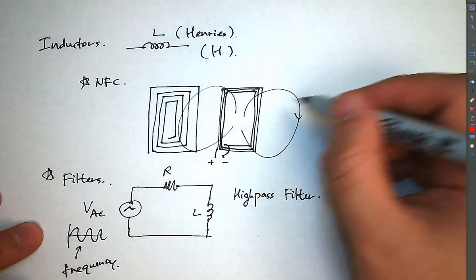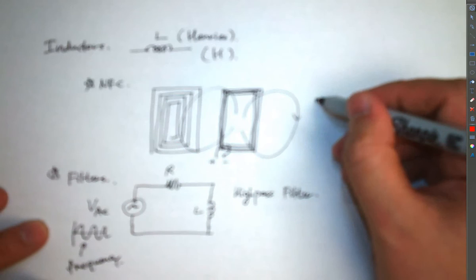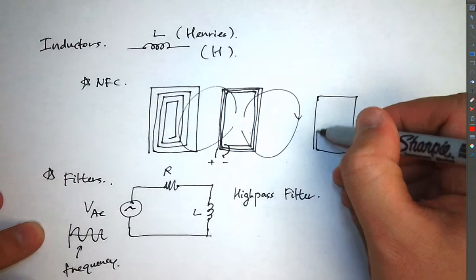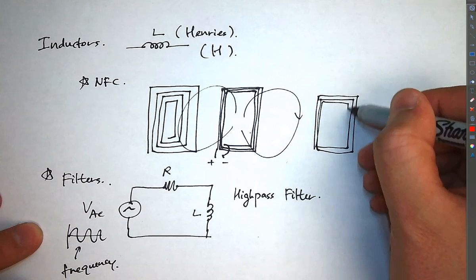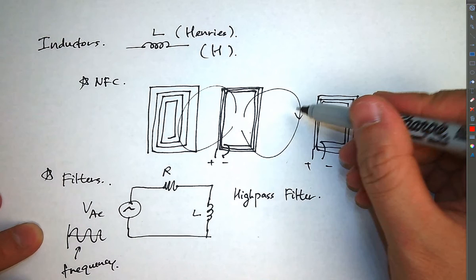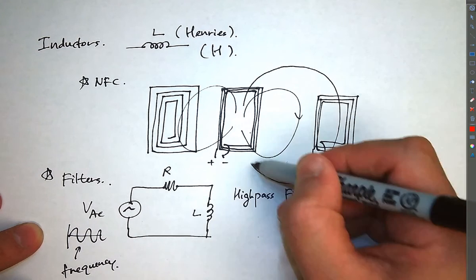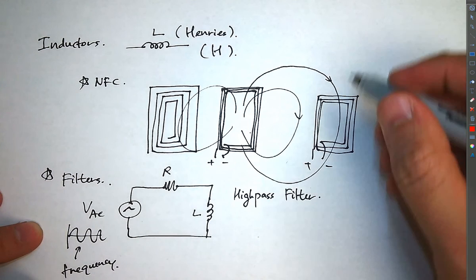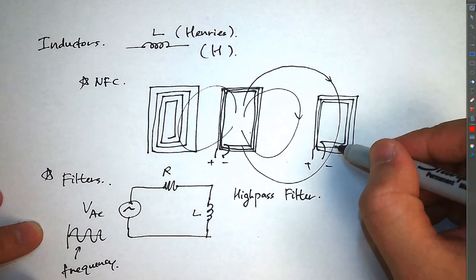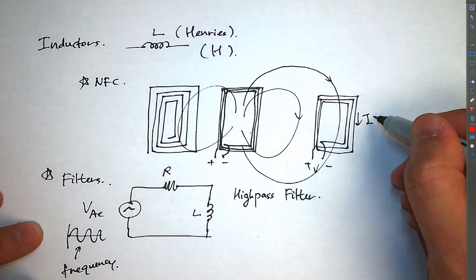And if you place this near another phone, the other phone will have its own NFC antenna like this. Okay? And so here you have this connection plus and minus, and if the fields go through the other phone, these fields will induce the current and the voltage. So through here you have current flowing through, you've got a voltage across this.